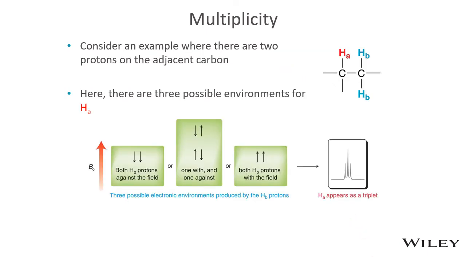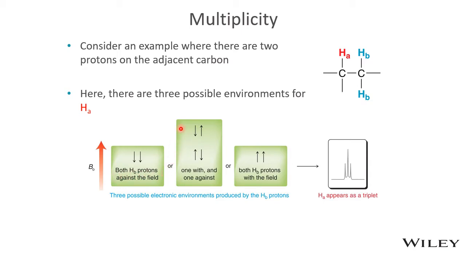Now let's consider a second example where HA has two neighboring hydrogens, both labeled HB. So for HA, it can be affected by the different spin states that each one of these HB protons adopts. So either both protons can align against the magnetic field, so we can have them in the beta spin state.